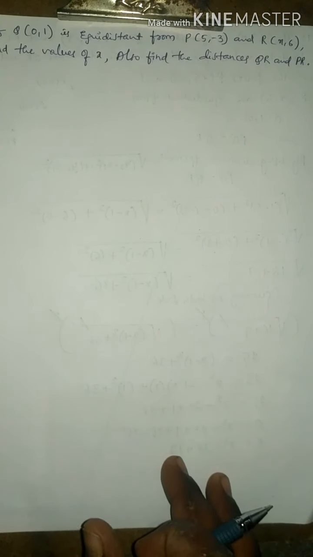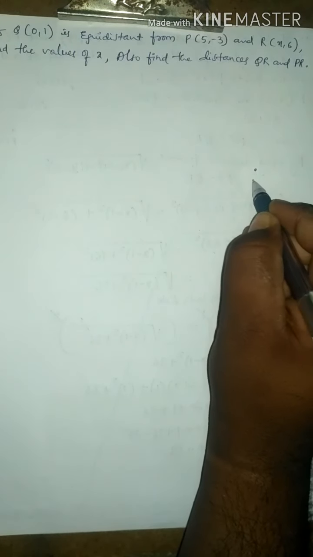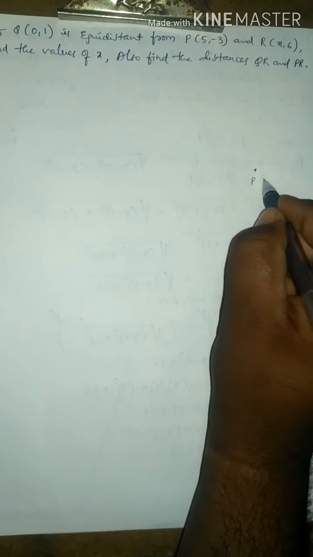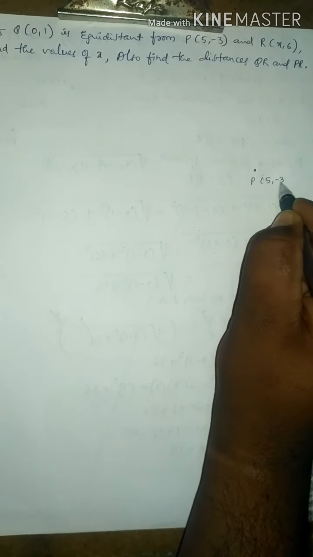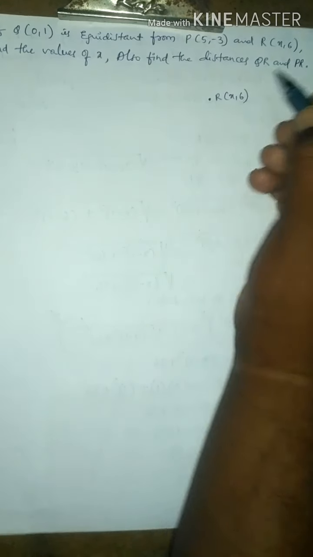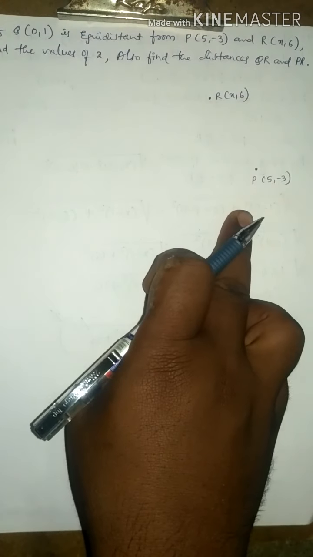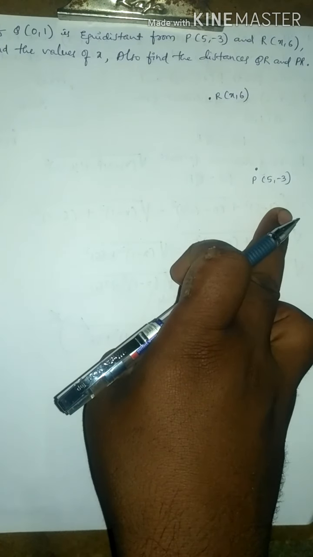Here Q is equidistant from P and R. So I am going to take P as a coordinate, P of 5 comma minus 3. And here one more coordinate, I don't know exactly where it will come. I am just going to consider R of x comma 6.